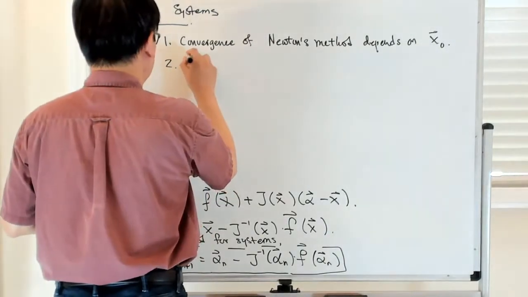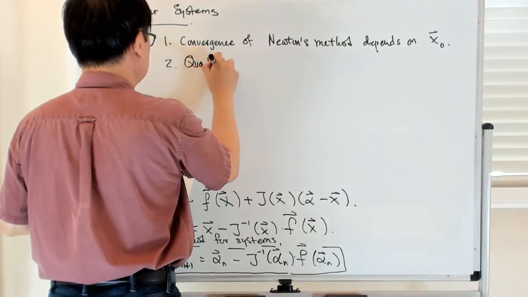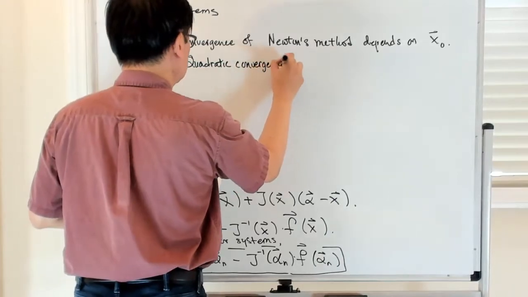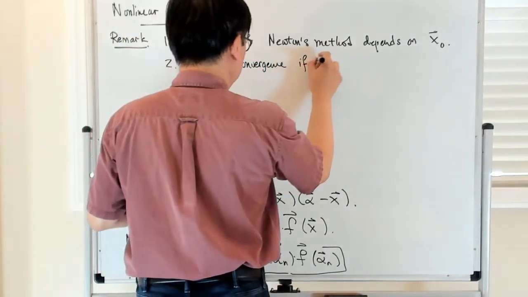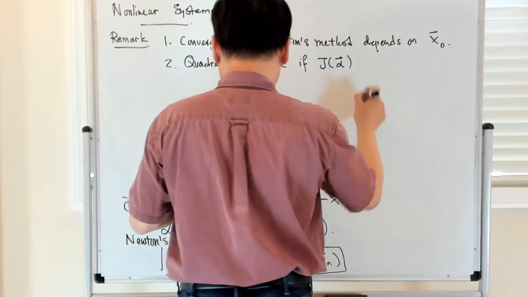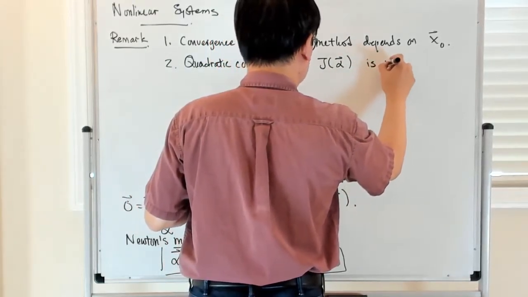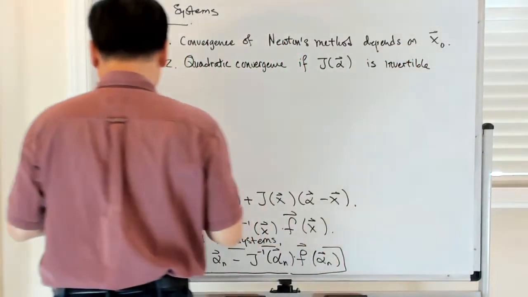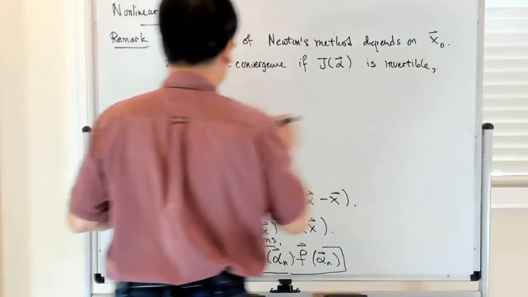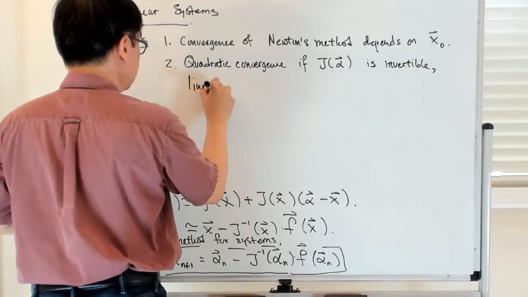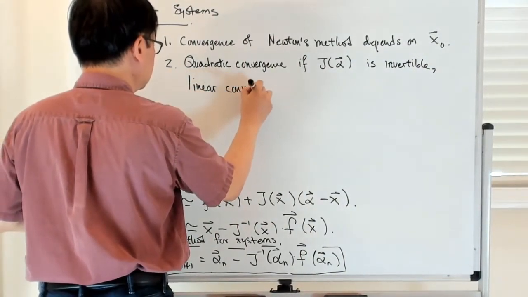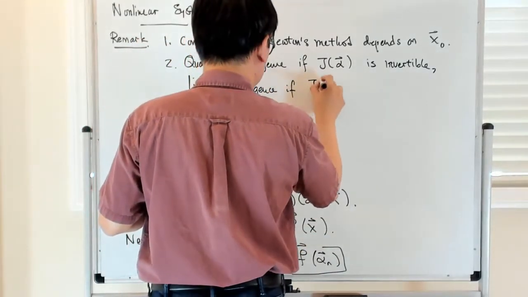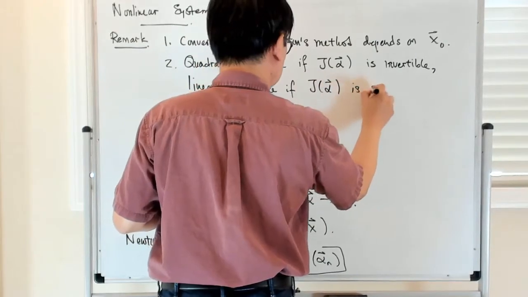So you have quadratic convergence if J at the root is invertible, and linear convergence if J at alpha is singular.